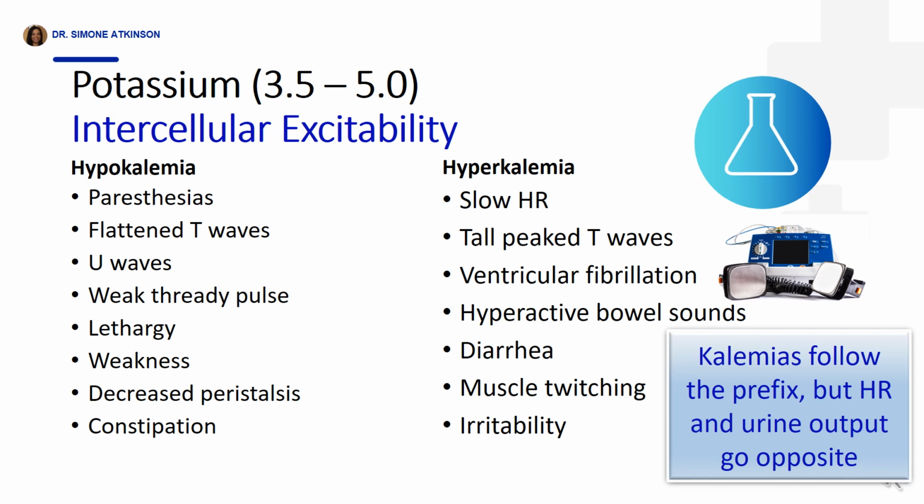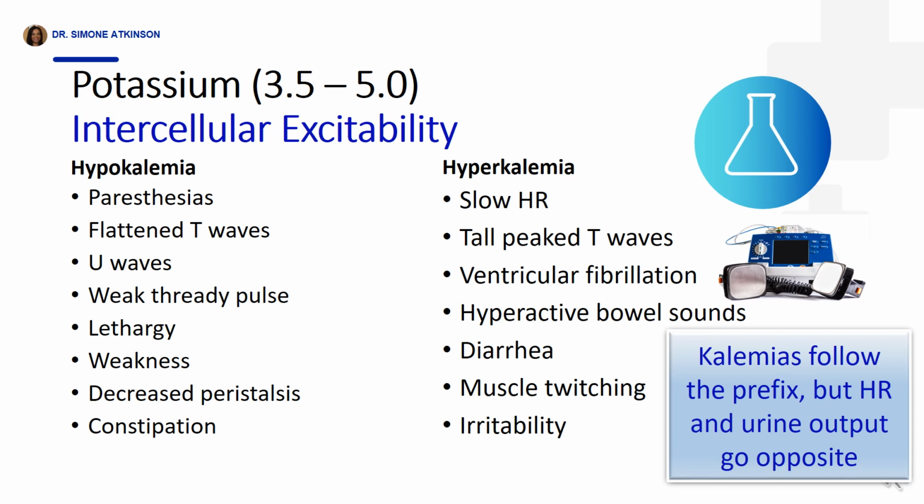Now shifting to high potassium scenarios, the effects can range from the opposing effect, which is a slow heart rate. Tall peaked T waves are seen with hyperkalemia, and we can also see severe conditions, as mentioned earlier, like ventricular fibrillation. So there is increased intracellular excitability. The client may experience hyperactive bowel sounds, diarrhea, muscle twitching, and irritability.